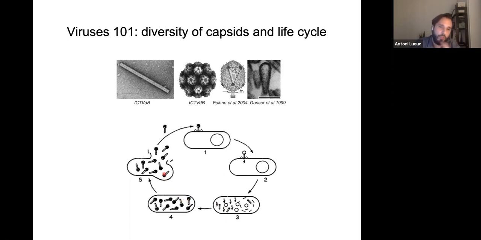And once the capsid is released, the capsid is responsible for protecting the genome. That means that if there are any changes in pH, temperature, or salt concentrations, it needs to be robust enough to protect the viral content.